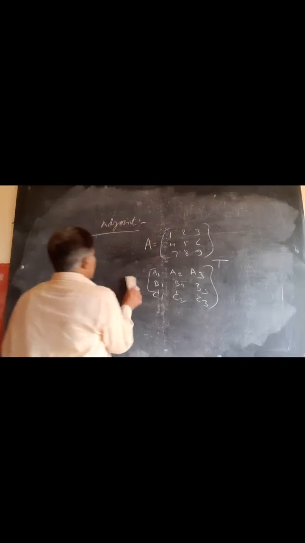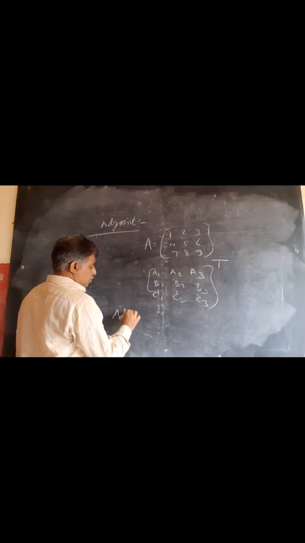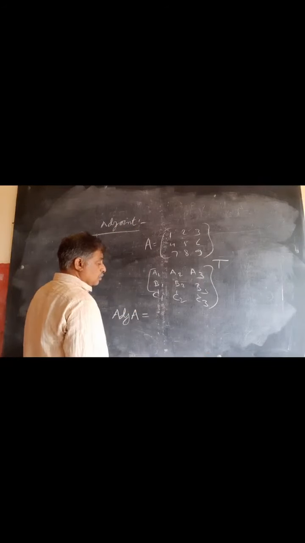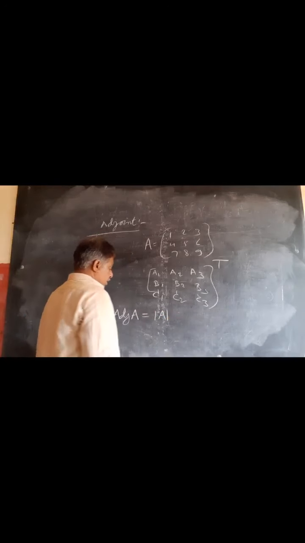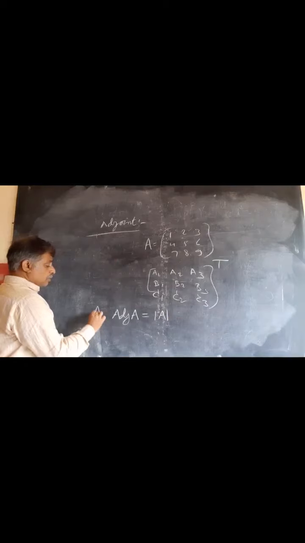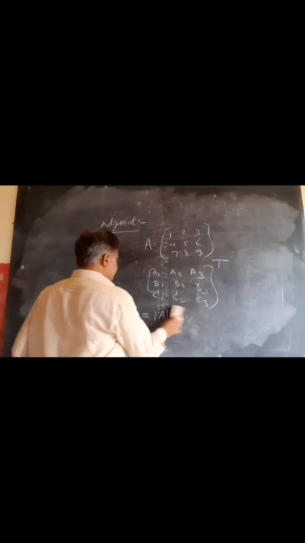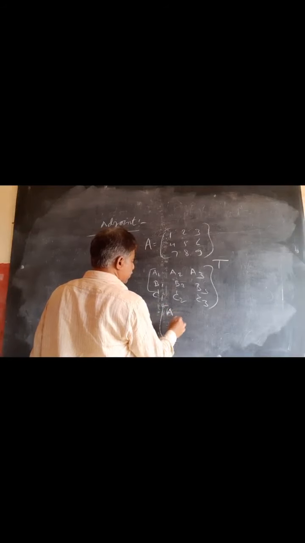Now, A into adjoint A equal to det A into I. Means A into adjoint A will get like this. We already did in the proof also.